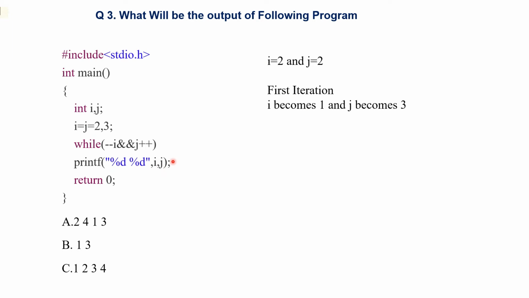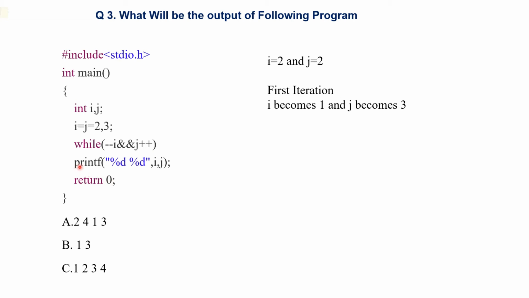So after executing this statement, control will again go to the looping statement, and now the condition becomes --I. We know that recently I becomes 1, so hence with this --I becomes 0, and as this is 0, the 0 is considered as the false value, so hence this complete expression will be false, and as this is false, control will be transferred out of the loop.